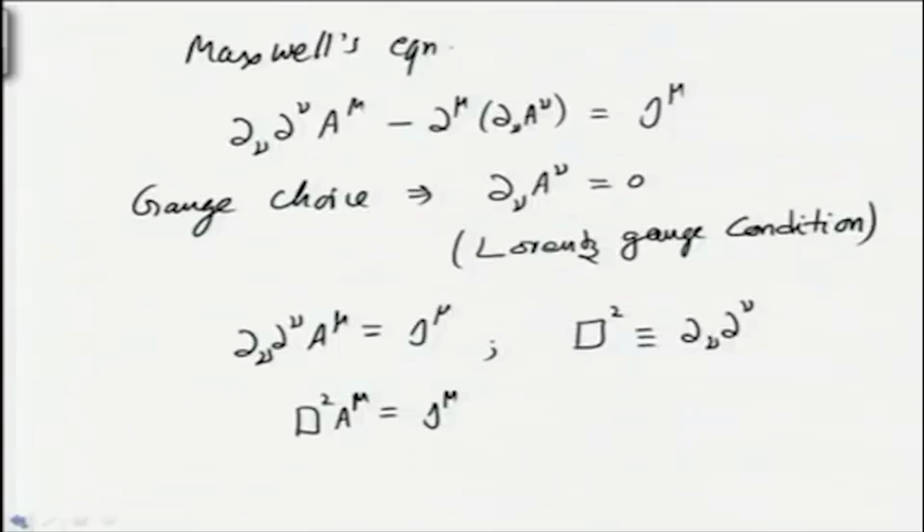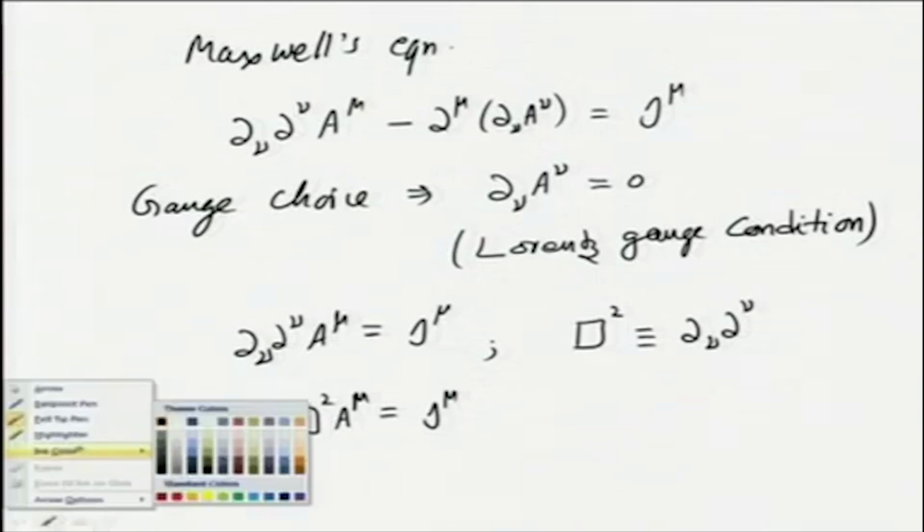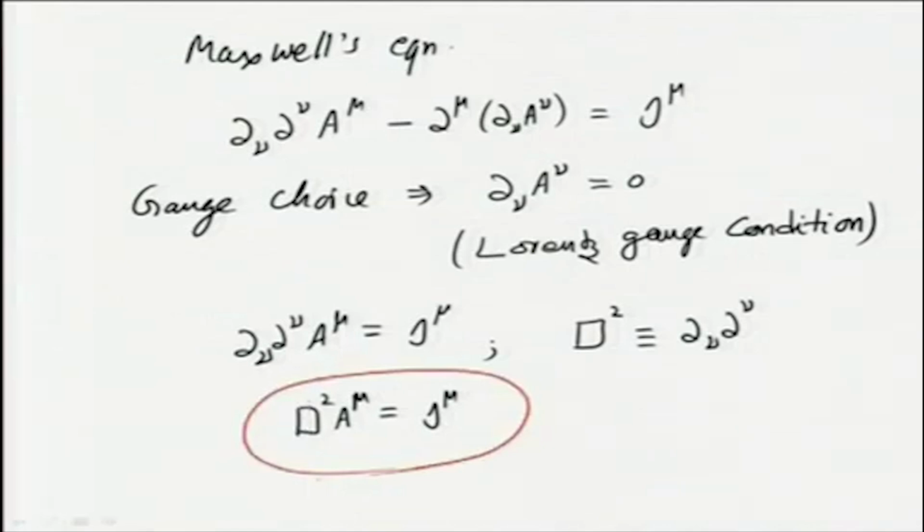Now, let us come to solutions of this equation. This is the Maxwell's equation with the Lorentz gauge condition applied. Maybe I should highlight this. So, this is our Maxwell's equation with the Lorentz condition. Let us look at it.